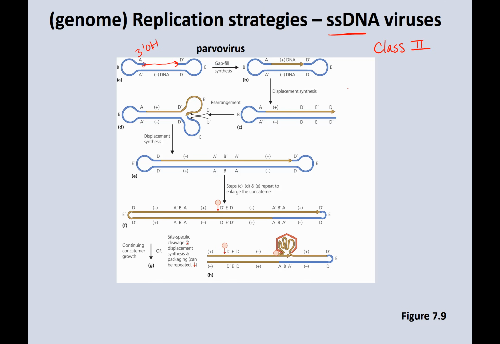And so the way the single-stranded DNA genome is packaged is it, again, makes these things called concatemers, which just means you repeat, you repeat, you repeat, but it's all hooked together like a link of sausages. And then as the capsids form, you just package one strand of that, and then you package the next strand, and that is how you copy the genome and then get it into the capsid.